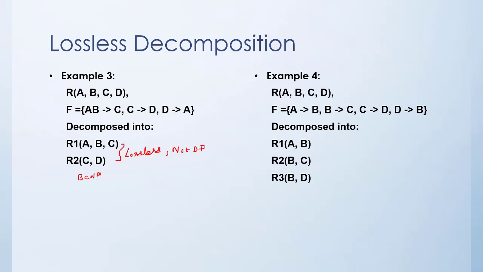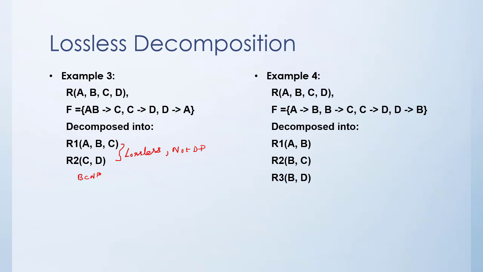If you have to trade off between dependency preservation and a lossless decomposition, you must go with the decomposition which is lossless. It is not always possible that the decomposition will be dependency preserving, but we must ensure that the decomposition is lossless.